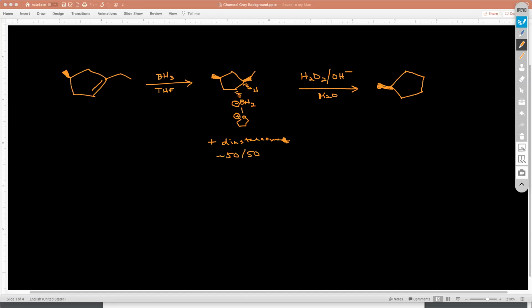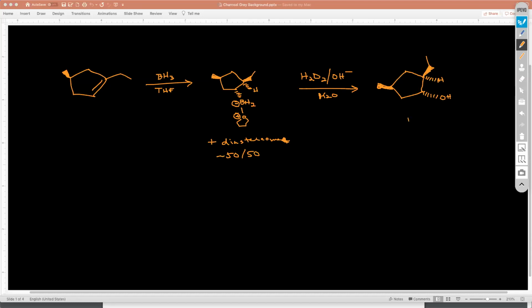And if that's where my methyl group is, then my ethyl group would be right here. I don't have to show the hydrogen, but I'm going to show it just to really emphasize the fact that this hydrogen and now the OH group that's here, that this was a syn addition.